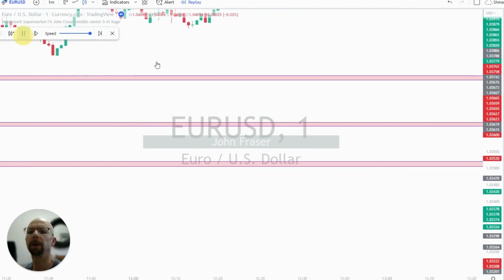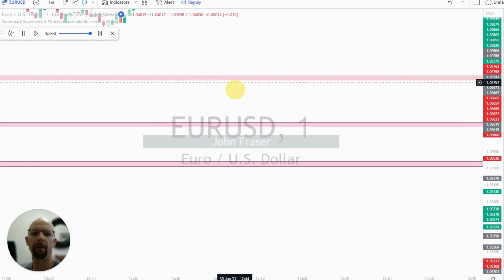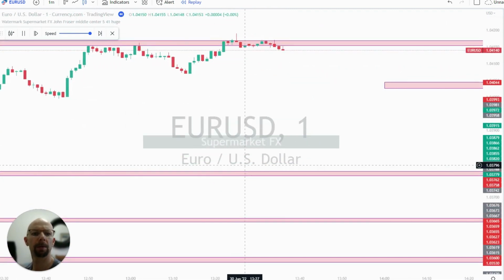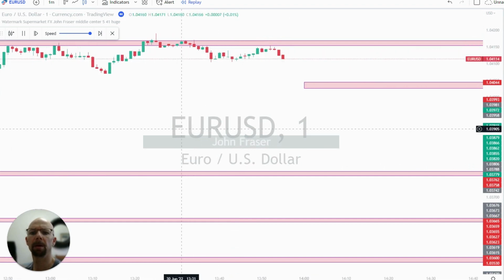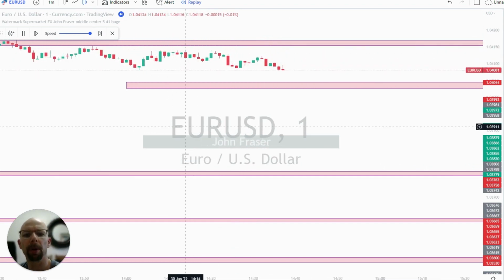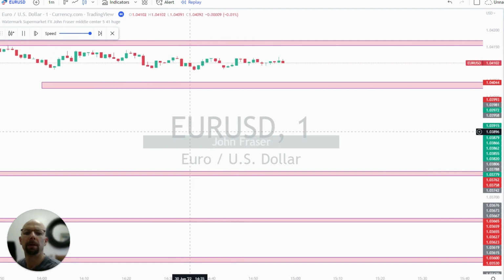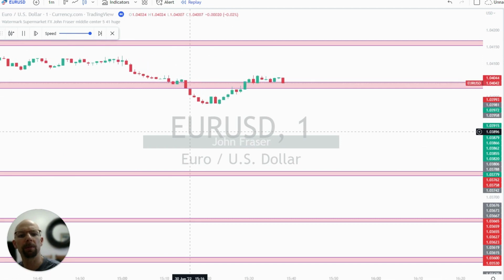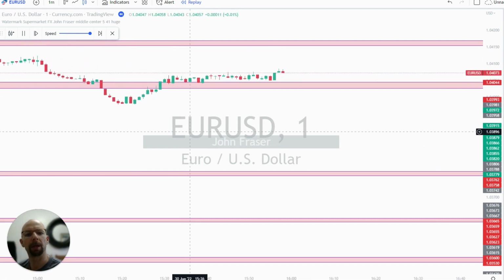Where are we here? Okay, so we're coming into more areas that I had marked off. They weren't potential opportunities because I was just marking the areas off.